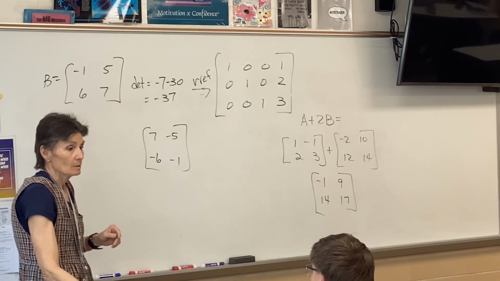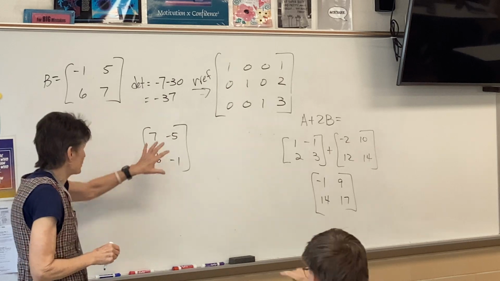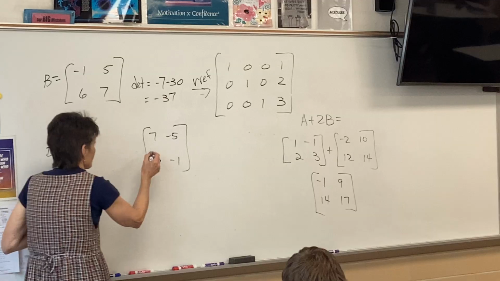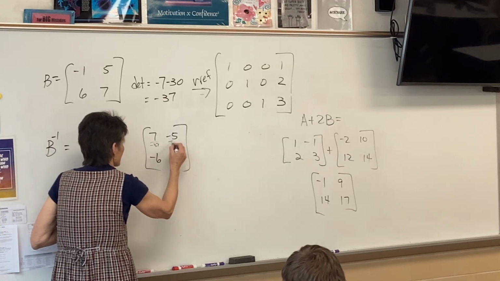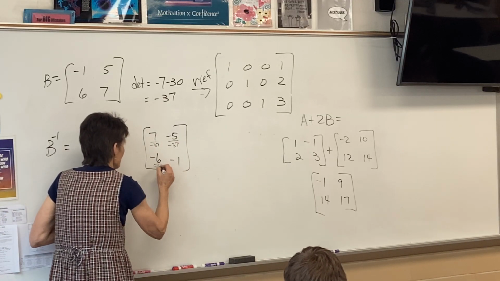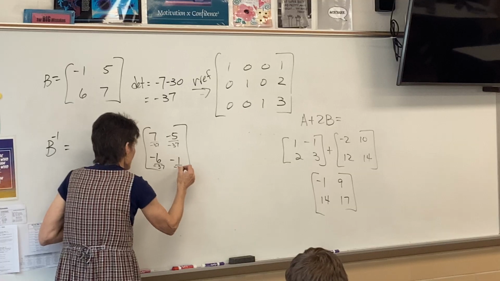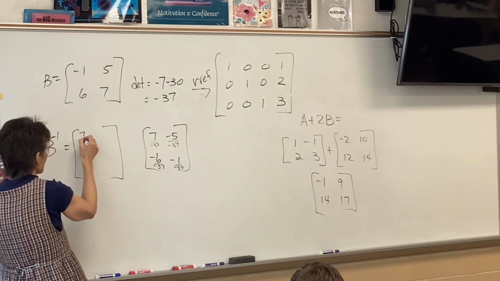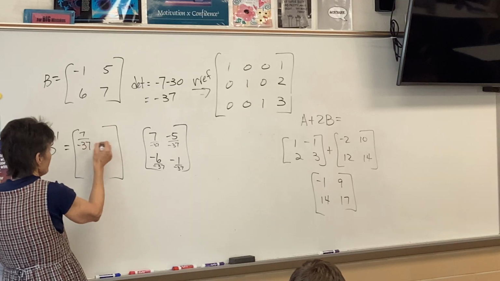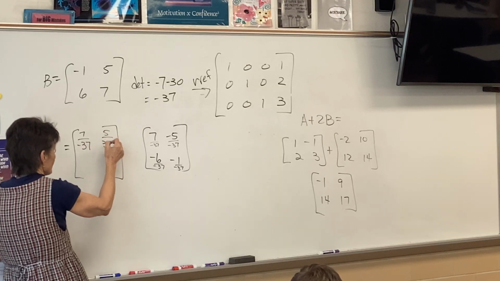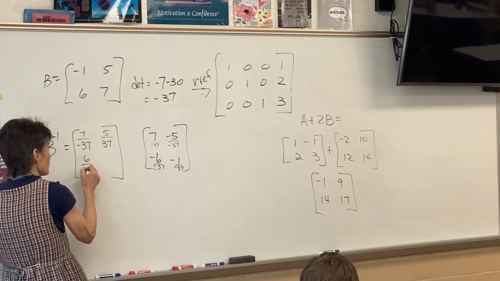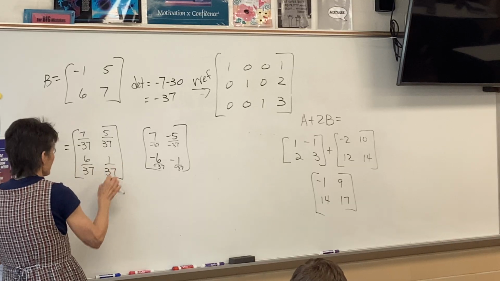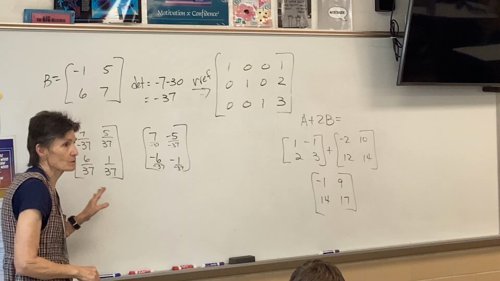Then we just simply divide. We take all of these numbers and put them over negative 37, and then reduce anything that reduces. So we don't need to do anything but worry about the negatives. So 7 over negative 37, 5 over 37, 6 over 37, and 1 over 37. And there is your inverse.